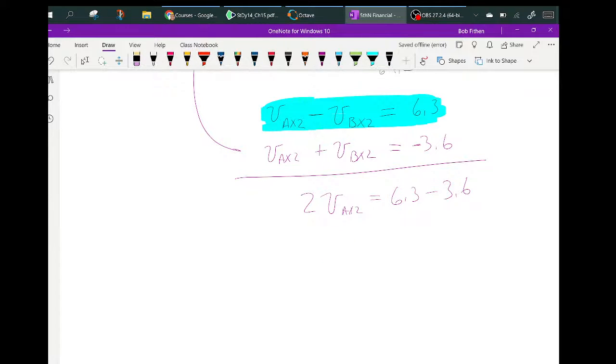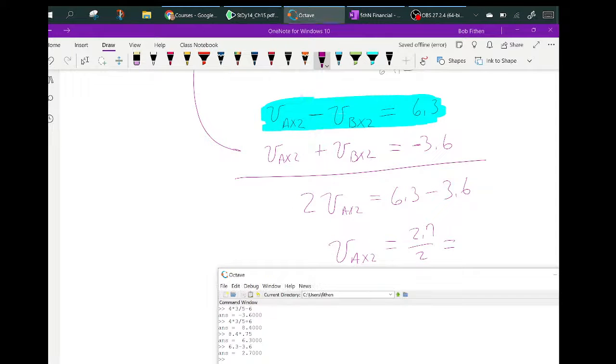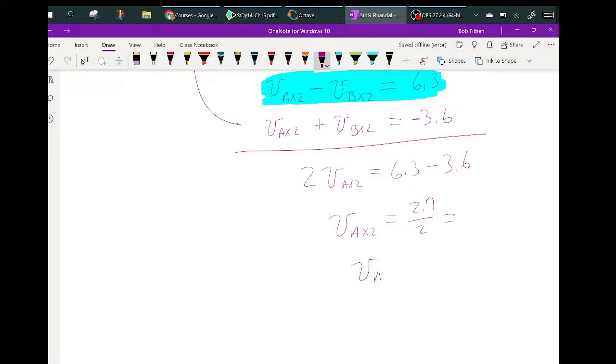Okay, so from that, I get 1.35. VAX2 is equal to 1.35, and VBX2, it just kind of depends on what you want to do. Either equation should give me the same answer.